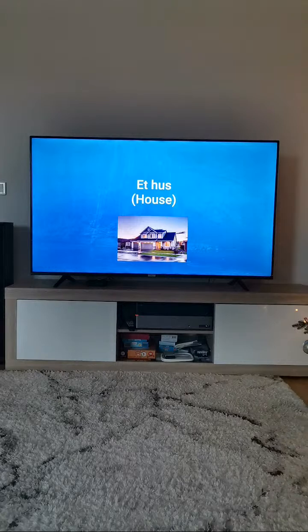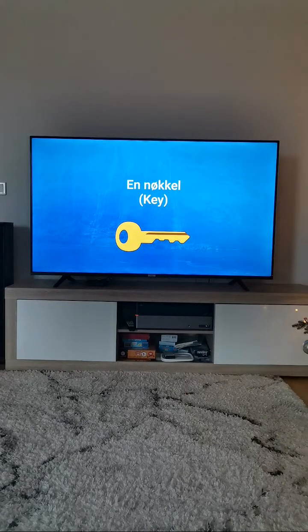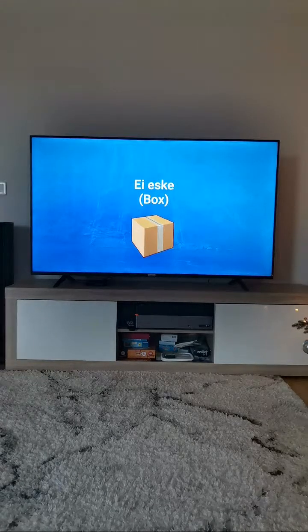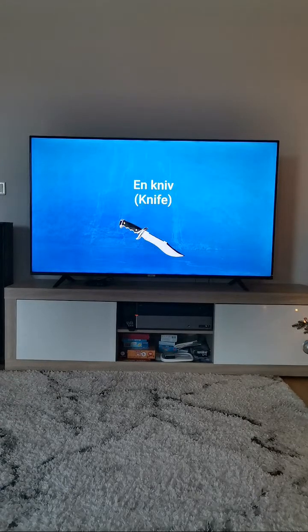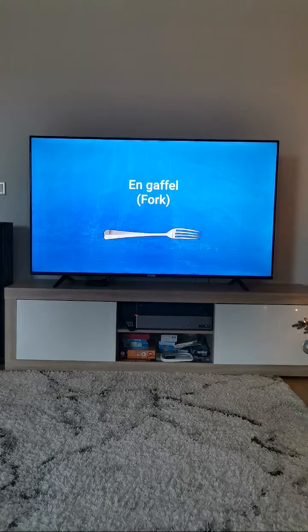Et hus. En nøkkel. Ei eske. En kniv. En gaffel.